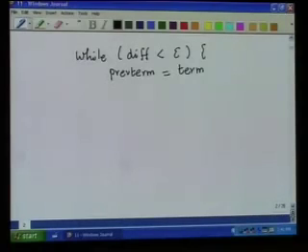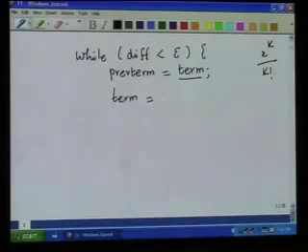Let's assume that the previous value of term used a value k, that is the term that we had computed earlier was x to the power k over k factorial. Then the new value of term would be minus term into x divided by k plus 1 times k plus 2.